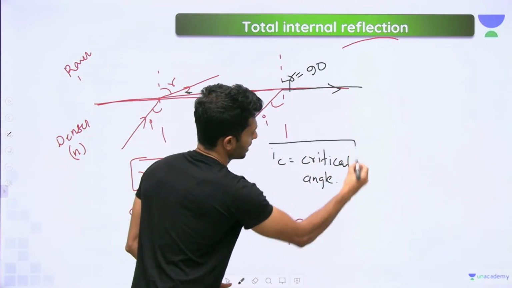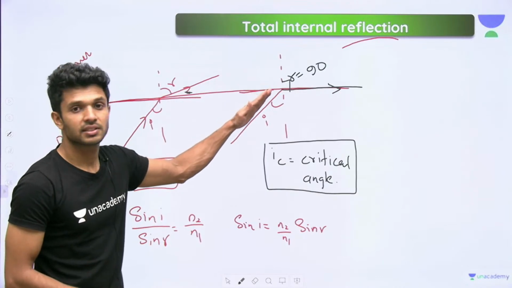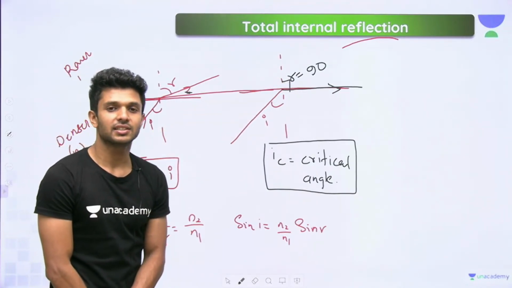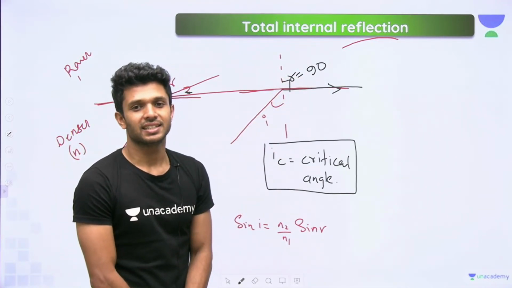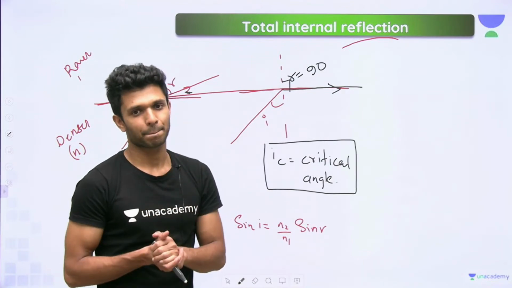What is critical angle? It is the angle of incidence for which the refracted light ray just grazes through the surface, or angle of refraction is equal to 90 degrees. Understood well now? Okay. Now tell me.